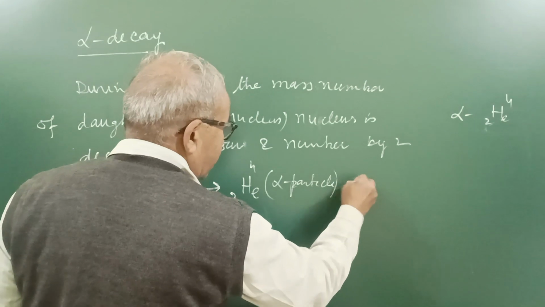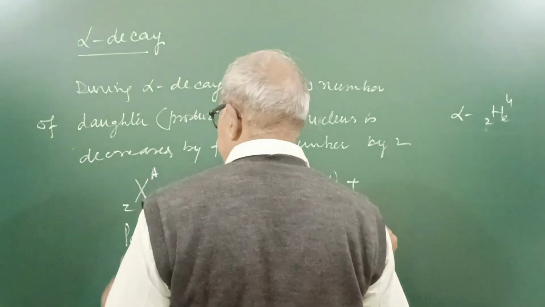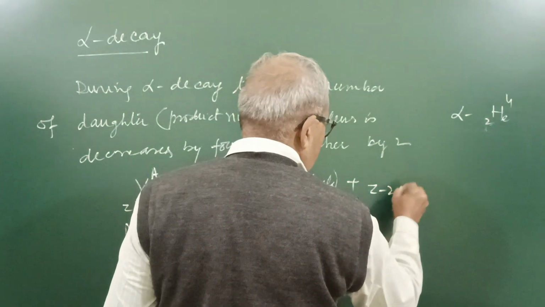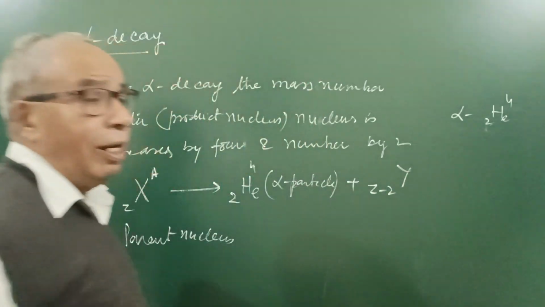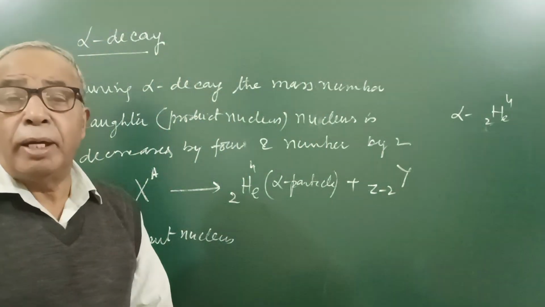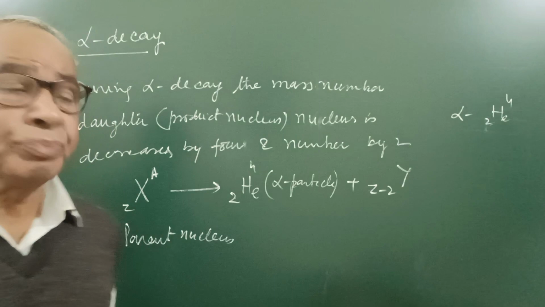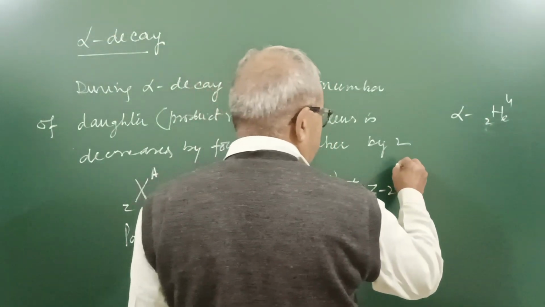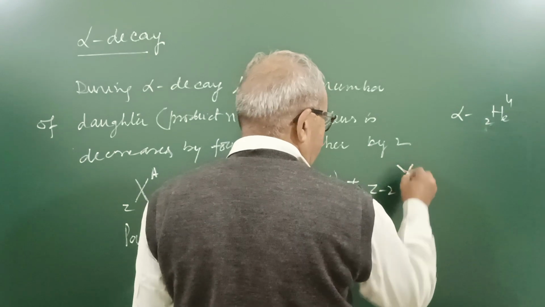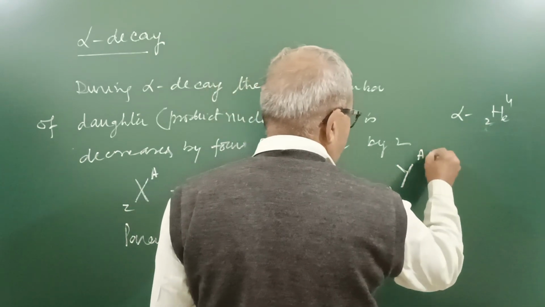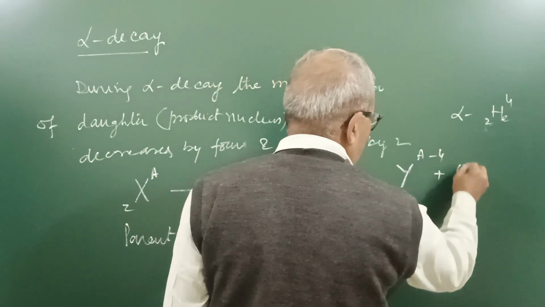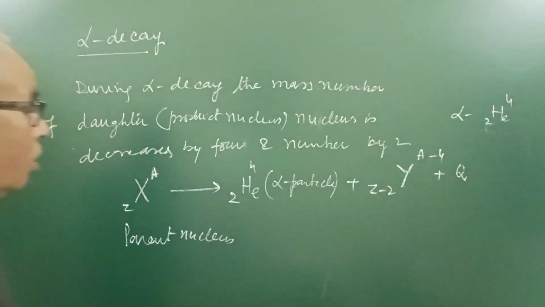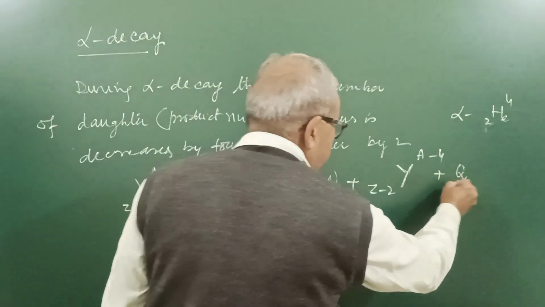Then the daughter nucleus will be Z minus 2, A minus 4. It will certainly be another element, because atomic number is the number of protons present in the nucleus, and that determines the name of the element. Plus Q, where Q is the energy released.